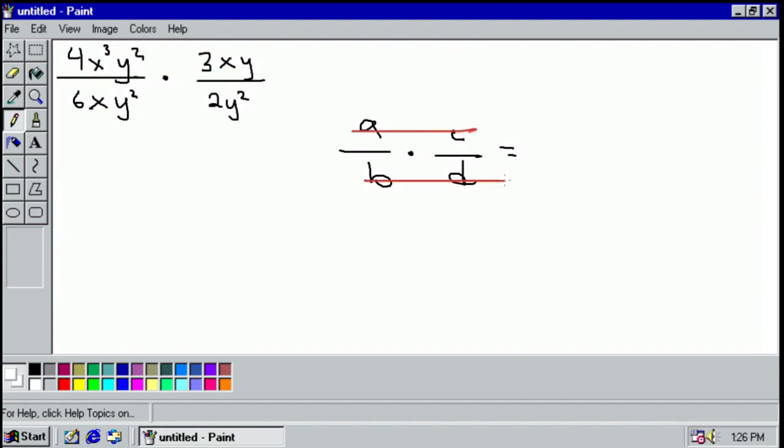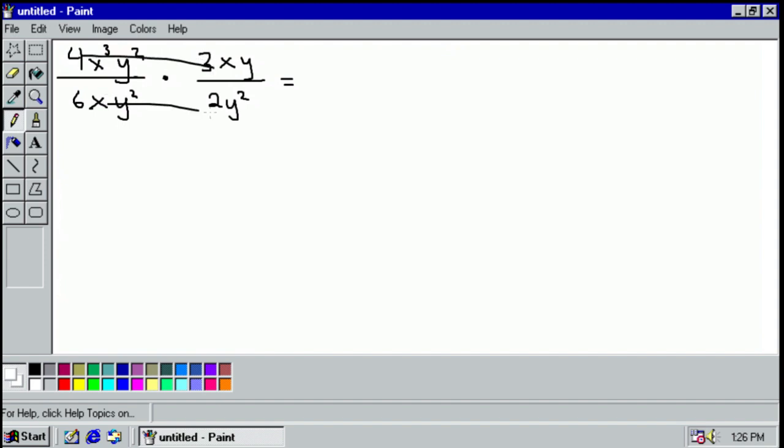We have A times C, and for the bottom part, we're gonna multiply the denominators, which is B times D. So that's how to multiply fractions if you've forgotten it.